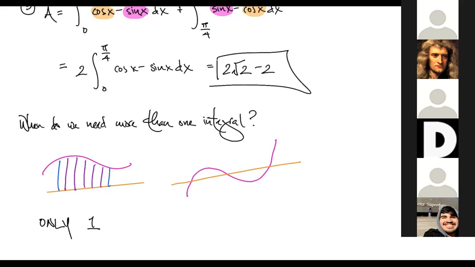More than one. Good. Because I have these ones here where the pink one is on the top, but then at a certain point it switches and now the orange one is on top. So I need two integrals for this question.